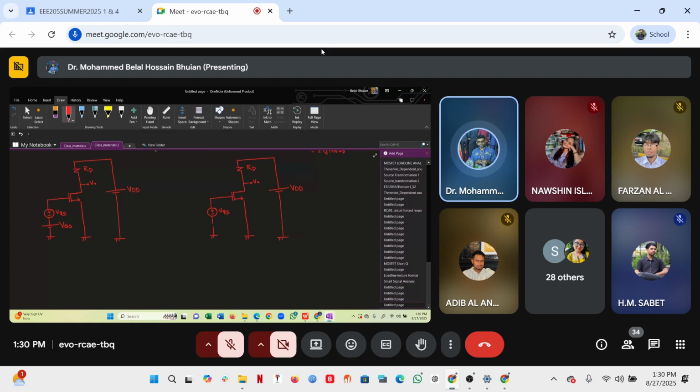Here the current is, let's say, ID, and it is vGS. Then we get rid of the DC signal source.